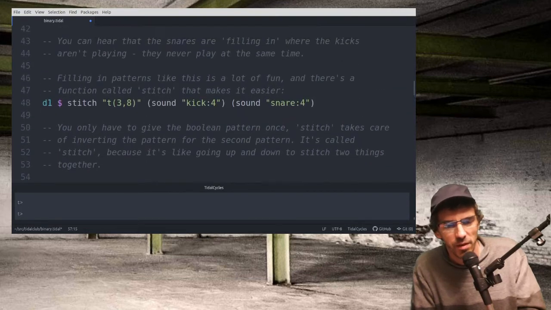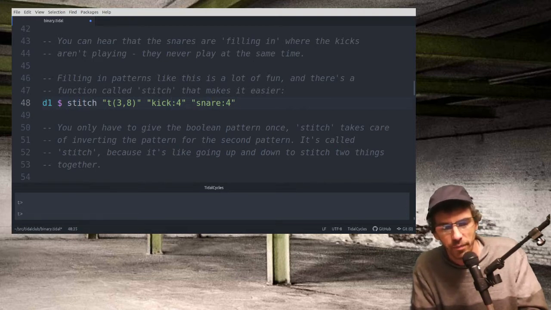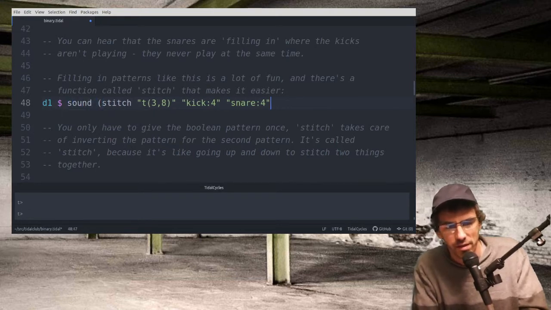By the way, I'm making a pattern of sound control values here, but that is actually slightly wasteful. I don't like typing when I don't need to. So instead of doing that, I could make stitch the words instead, and then just make that the sound.